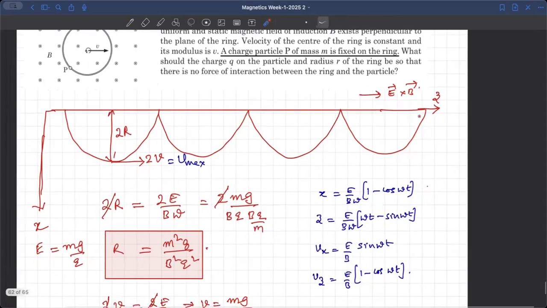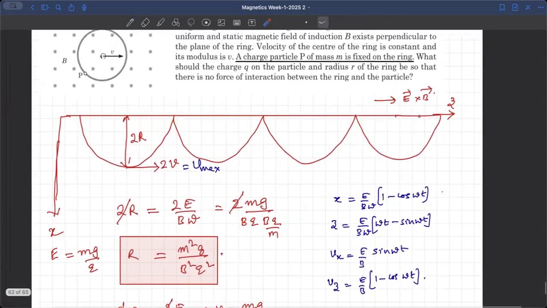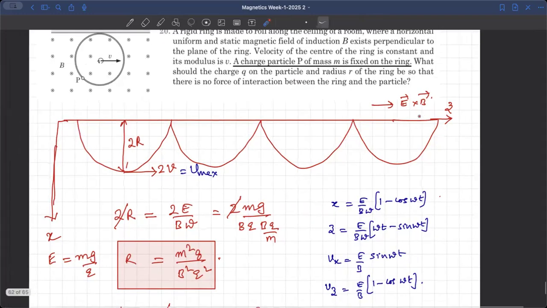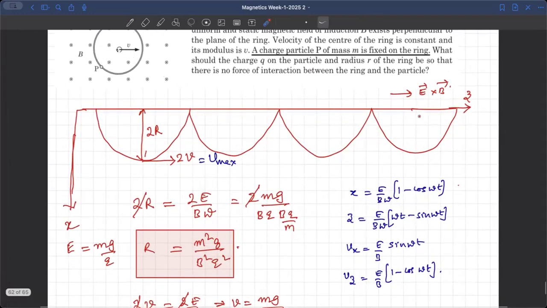What should be the charge on the particle and radius r of the ring so that there is no force of interaction between the ring and the particle? Simple. If the depth which we have measured earlier is equal to 2r. What is 2r? 2r is nothing but 2E by B omega. R is mg by B omega, we have done.